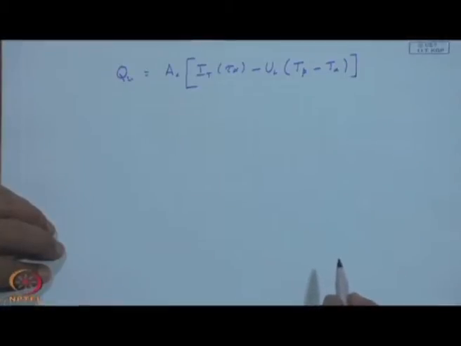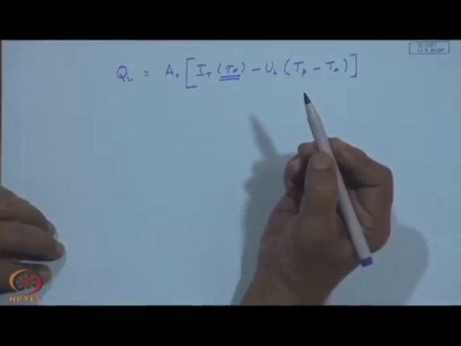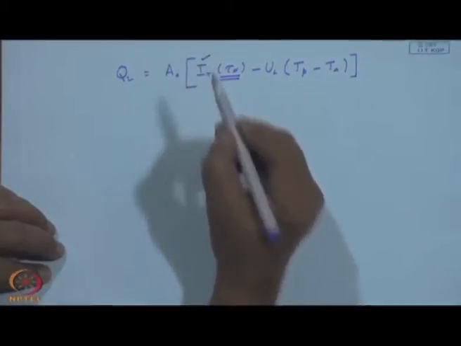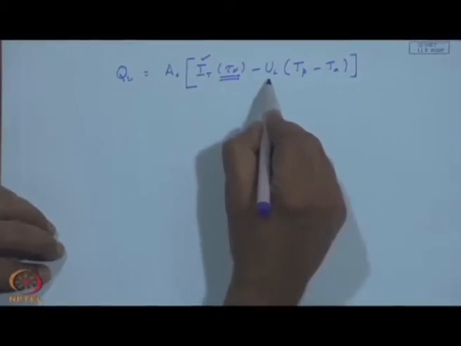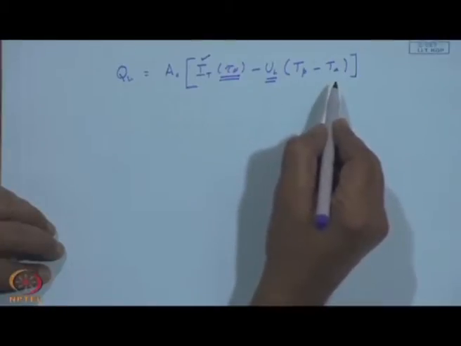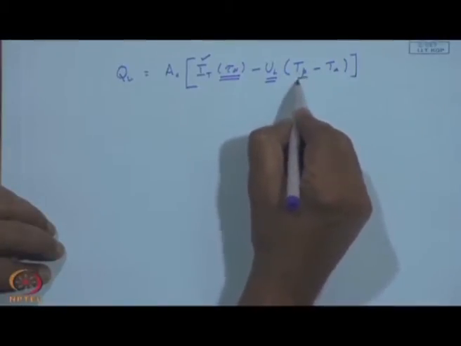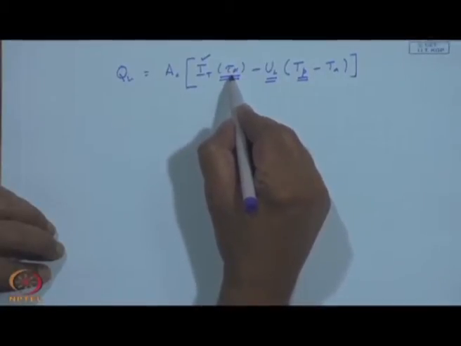You may note that we represented the entire collector absorber to be at a single temperature T p, and the incoming radiation is multiplied with the effective transmittance absorptance product. We know how to calculate I t given the solar radiation on a horizontal plane. We are yet to find out how to calculate U L. T p and T a are weather data or the operating temperature of the collector. So, now our aim is to calculate this tau alpha.